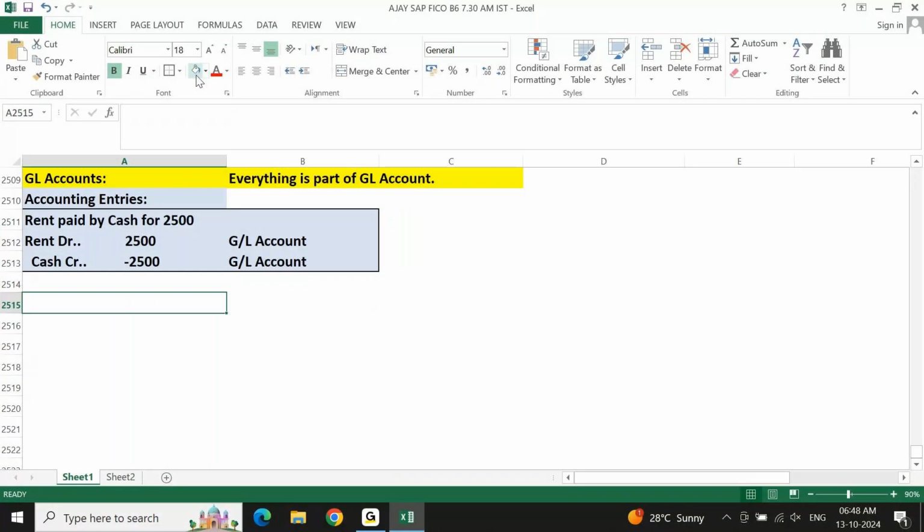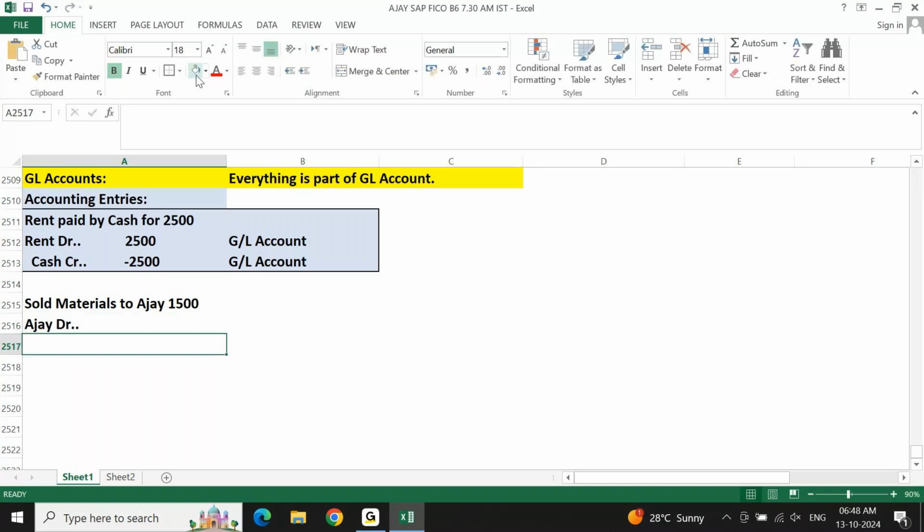Next one, let's say sold materials to Ajay, 1,500. What is the accounting entry here? Ajay account debit to sales account. Ajay debit, sales credit, 1,500.